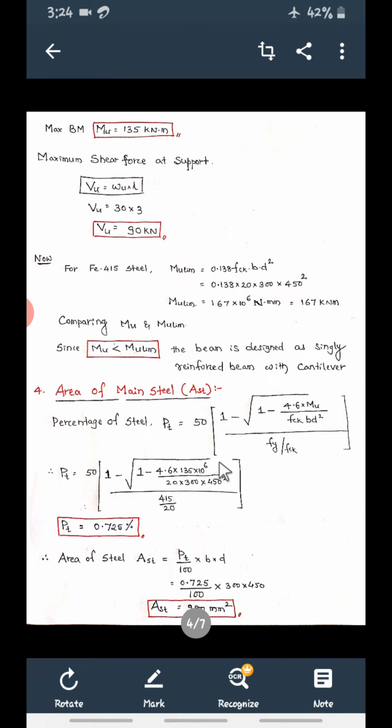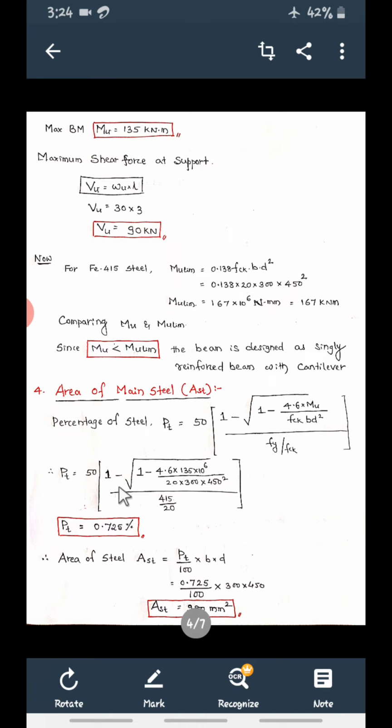So first, the percentage of steel will be calculated, that is PT equal to this formula, already you know this. So substitute all the values here: 50 into bracket 1 minus under the root of 1 minus 4.6 Mu, where Mu is 135 into 10 raised to 6 Newton mm, divided by fck 20, b is 300, small d 450 square, divided by 415 divided by 20.